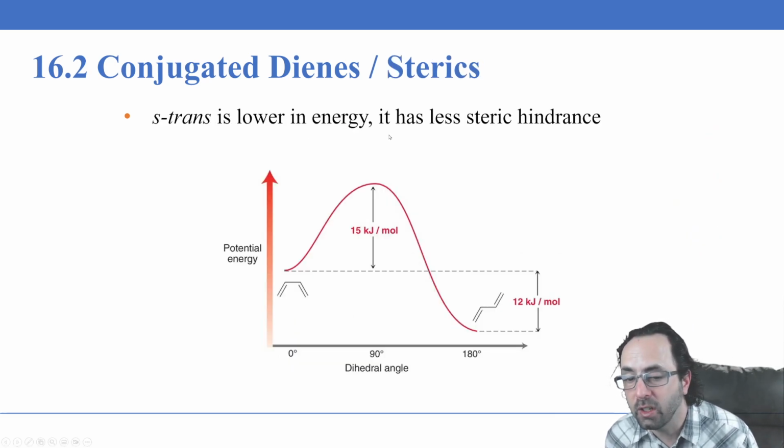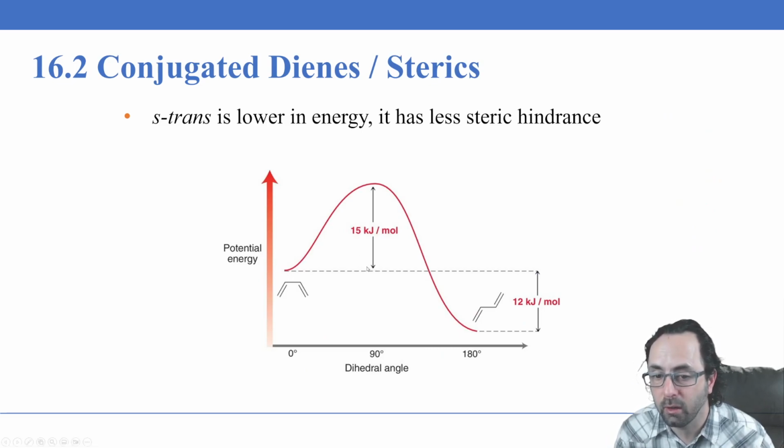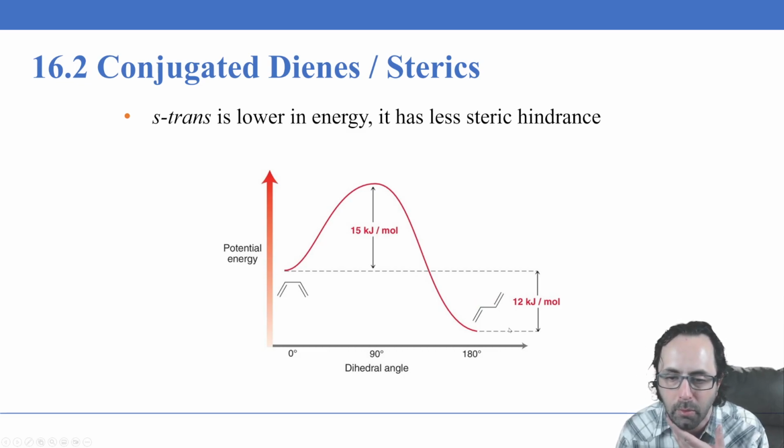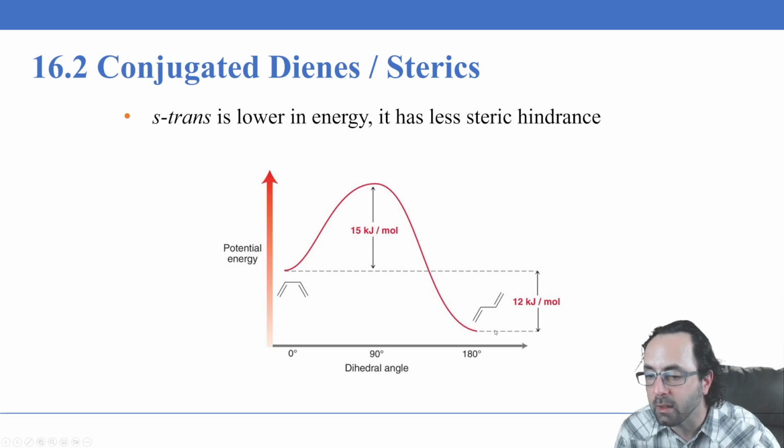So the energy barrier of rotation here, it will cost 15 kilojoules per mole for this to go through this rotation and break the pi conjugated system here and make this newly formed pi conjugated system. But thermodynamically, the S-trans is more stable than the S-cis.